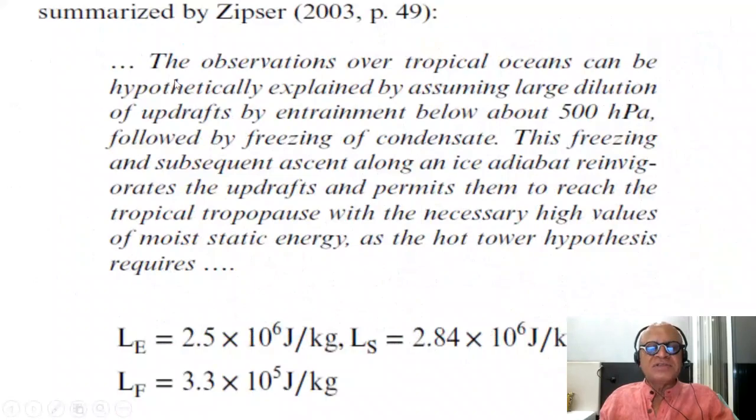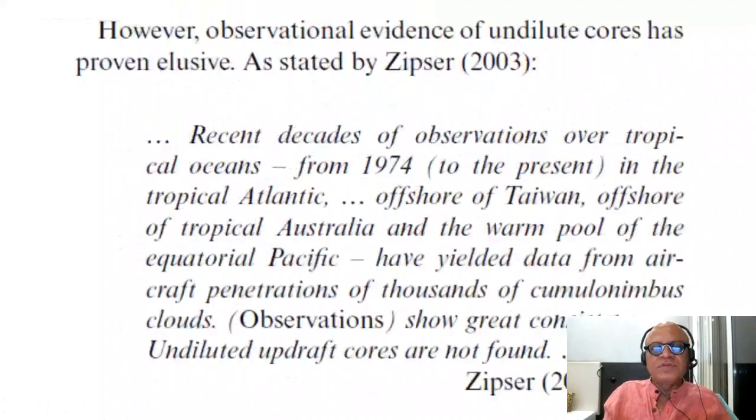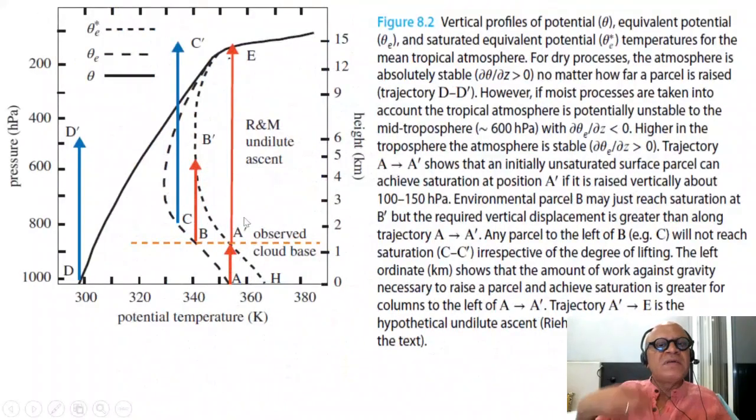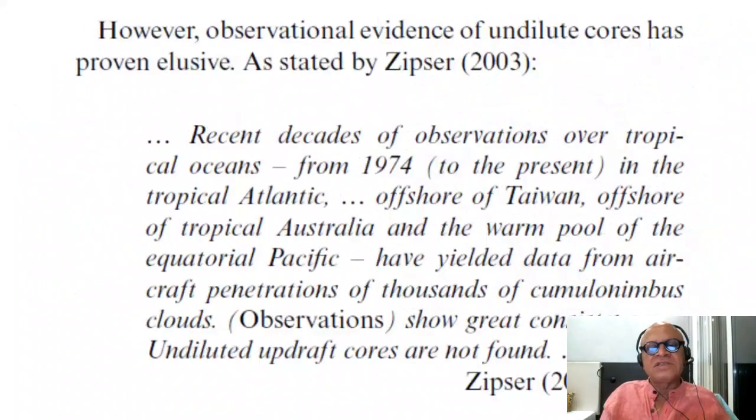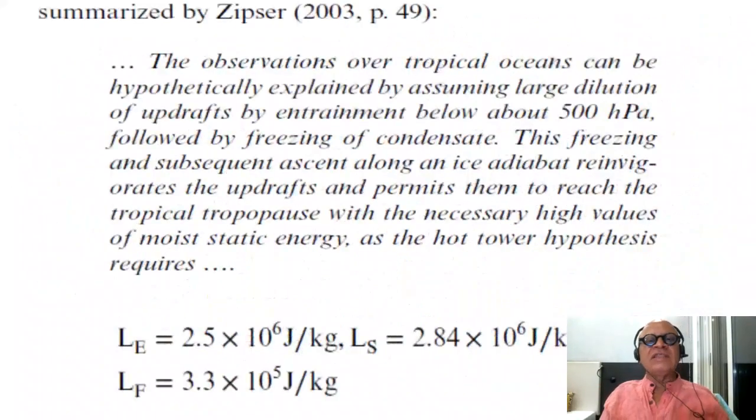He also summarizes further that if above this level, the water that is saturated now can freeze and further release the latent heat of fusion, then you can again gain buoyancy and keep rising. But it turns out that that's not so easy, because the latent heat of fusion is very small to explain this ascent.